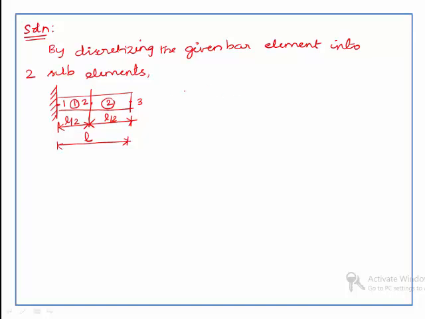The area of cross section for each individual element is the same, so it can be taken as A. Similarly, the material property E1 is equal to E2 is equal to E, and mass density rho 1 is equal to rho 2 is equal to rho. Now we can calculate the stiffness matrices for each individual element.